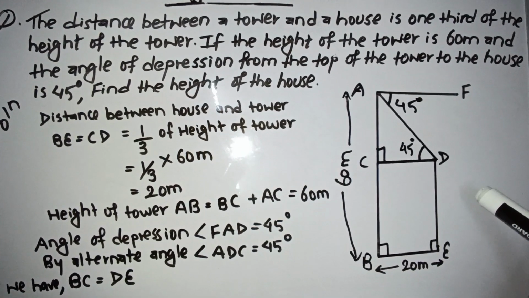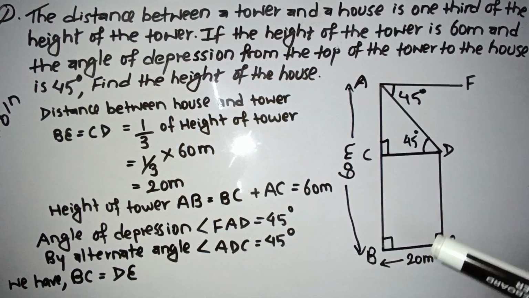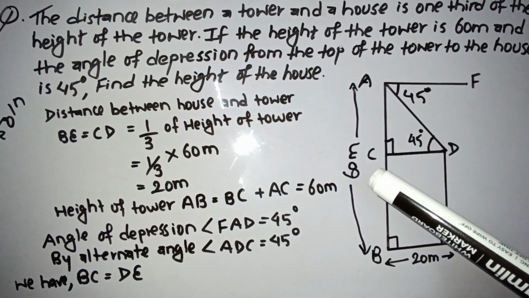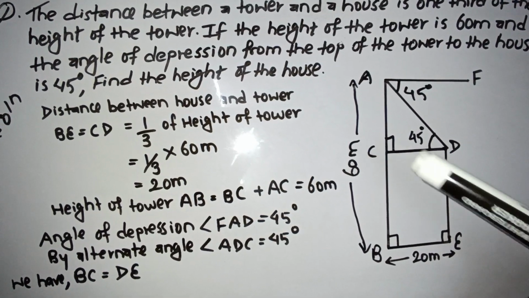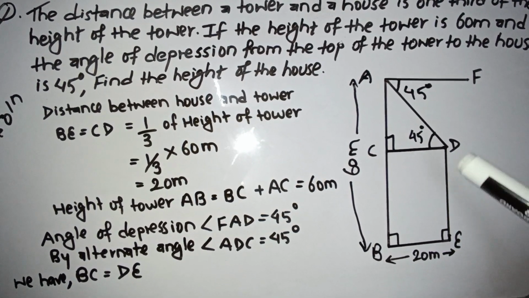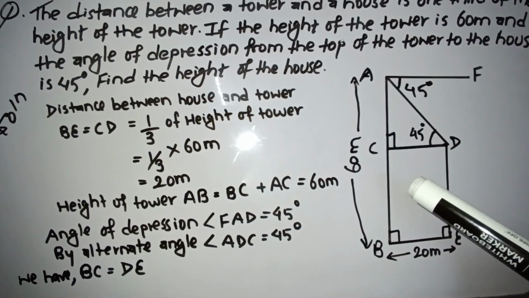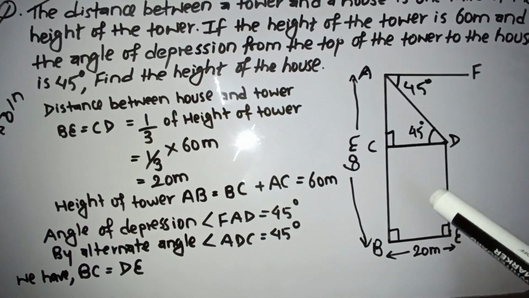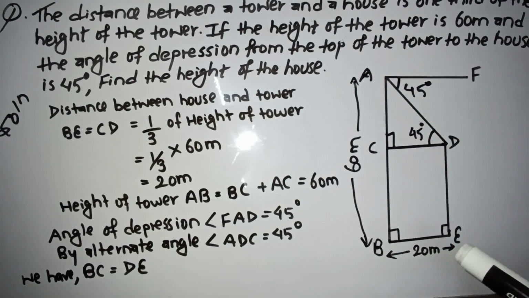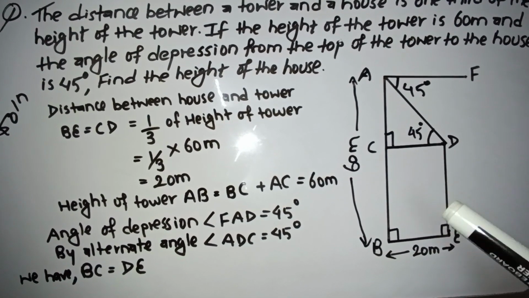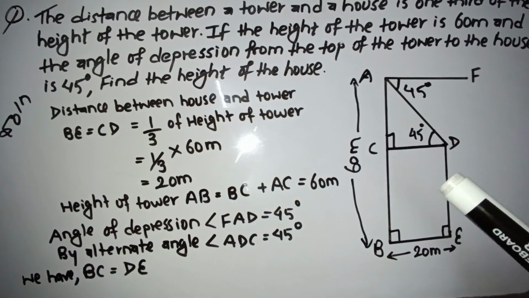This is the diagram where AB is the height of the tower, that is 60 meter, and DE is equal to BC is the height of the house, and BE is equal to CD is the distance between house and tower.